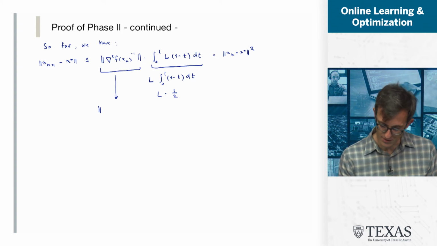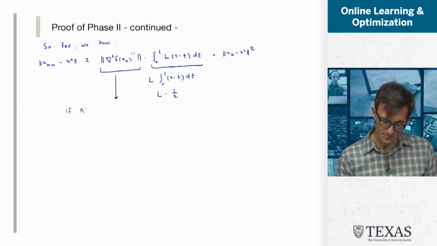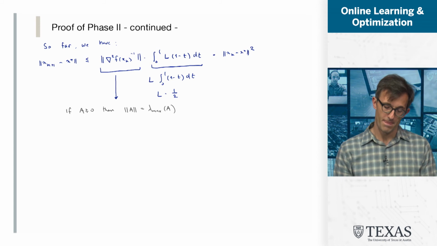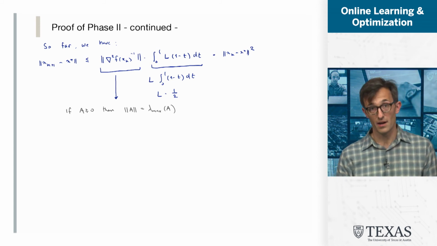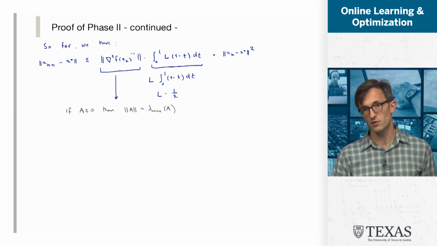Let me write this in a different color just to keep it a little bit cleaner here. If A is positive semi-definite, then the operator norm of A is equal to just the largest eigenvalue of A. And if A is positive definite and therefore its inverse exists, what is the largest eigenvalue of the inverse?